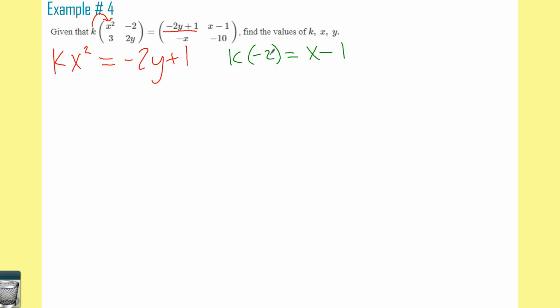We're getting a little closer. And then the other one, we have k times 3 equals negative x. And then the last one, we have k times 2y equals negative 10.